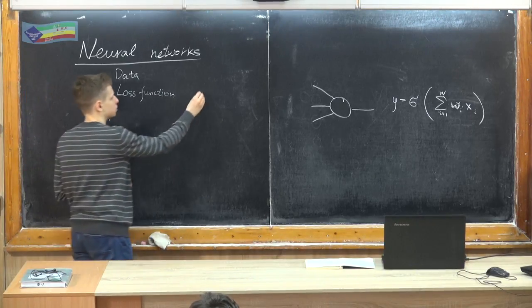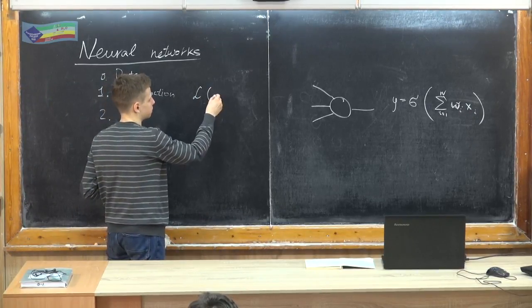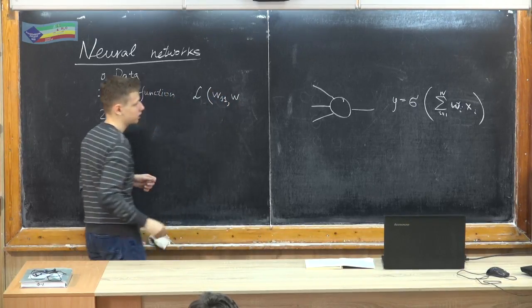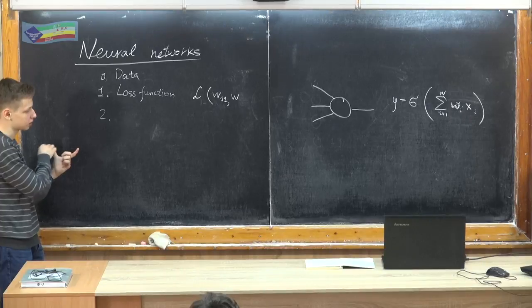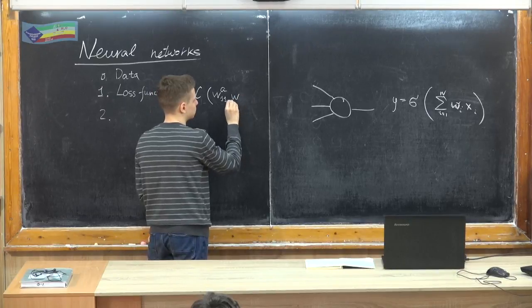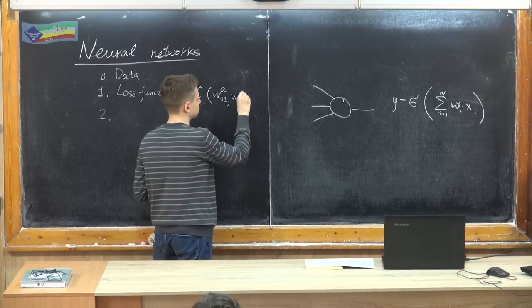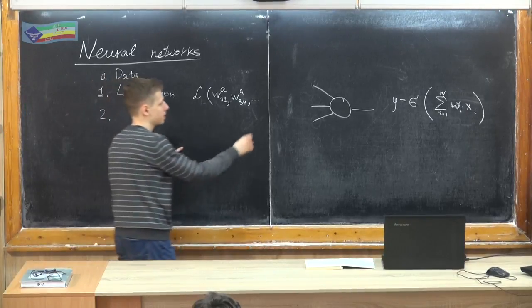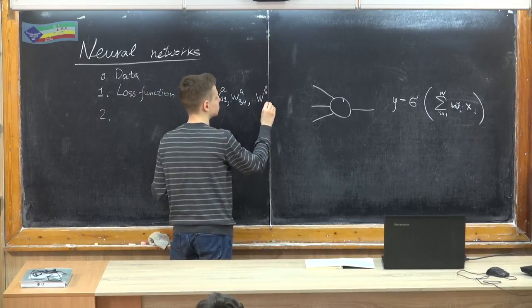Then we have the loss function, which will be denoted as capital L, and is basically a function which depends on weights. By the way, we were talking about weights from the input layer to the hidden layer. We will denote this table as A. And if we're talking about weights between the hidden layer and the output layer, we will denote this table as B for simplicity.